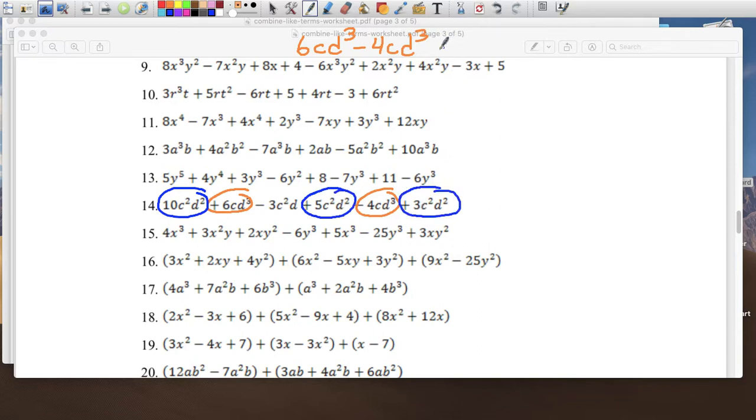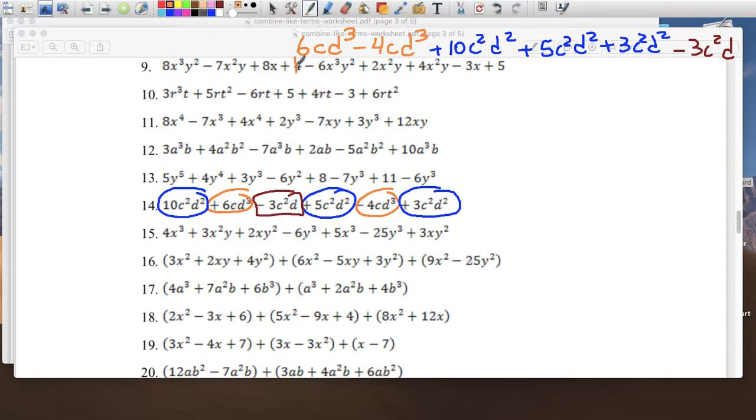So let me put all those side by side. Plus 10 c2 d2 plus 5c2 d2, and then plus 3c2 d2. And then we got this guy left over, and this guy's a little bit different. Minus 3c2 d. Notice that the d has no exponent, so he is different.